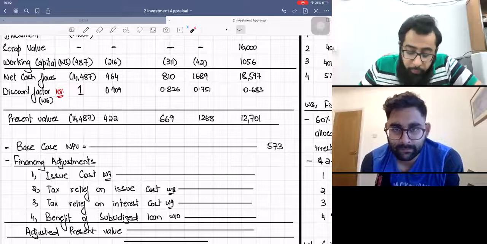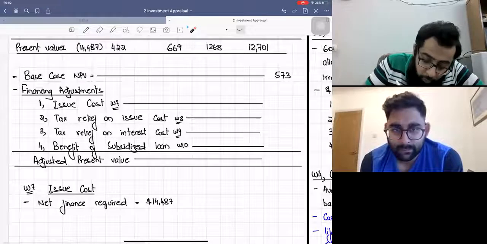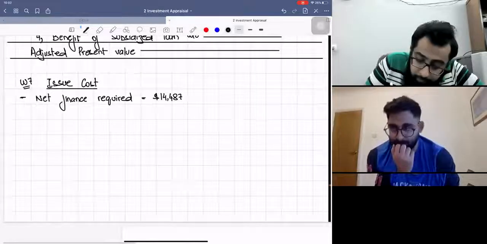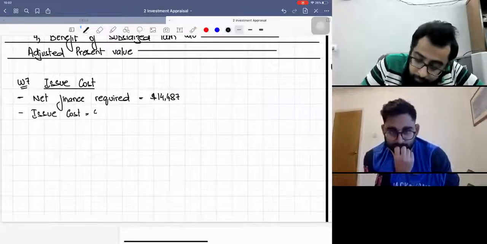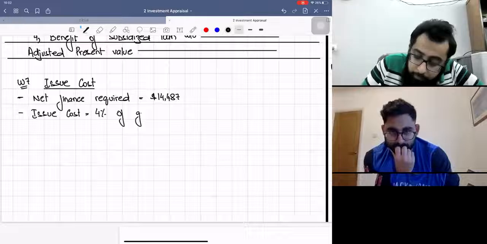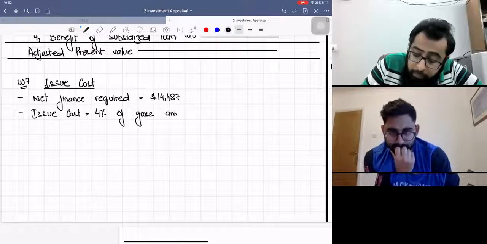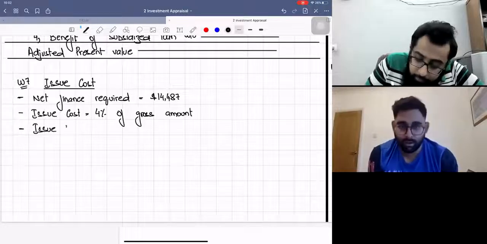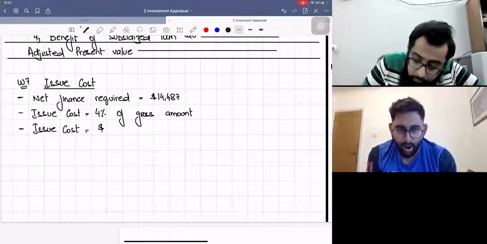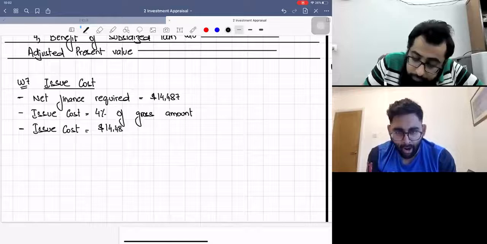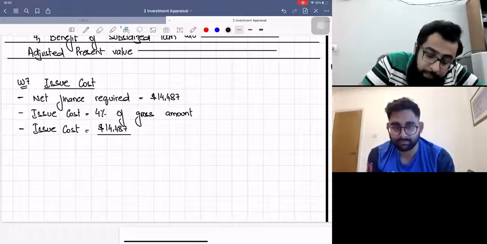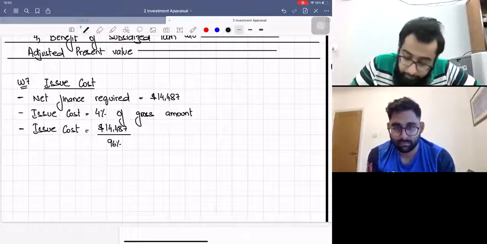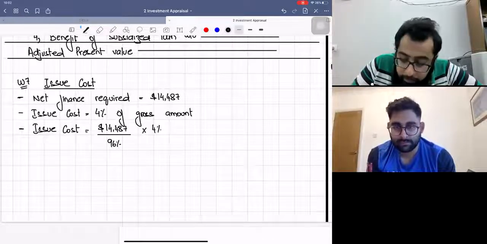The issue cost is 4% of gross. Issue cost is 4% of gross amount. Okay? So how will you calculate this issue cost? 14487 divided by 96%, because it is the net amount, and then 4%.